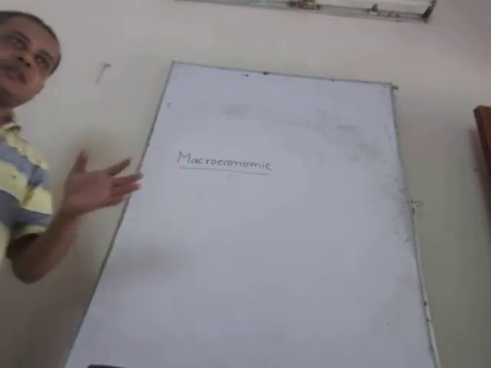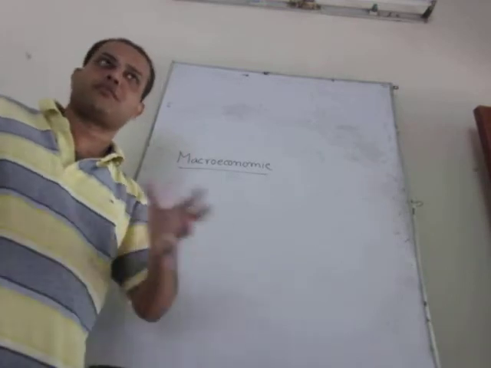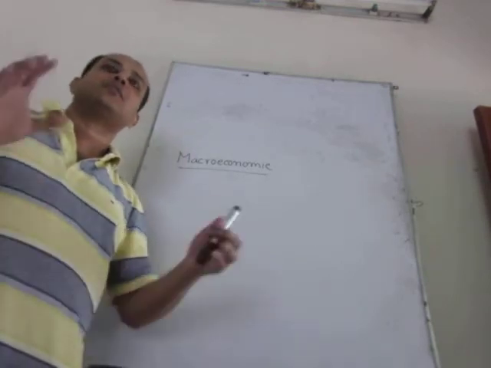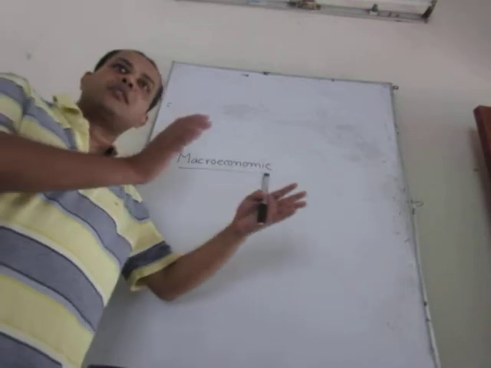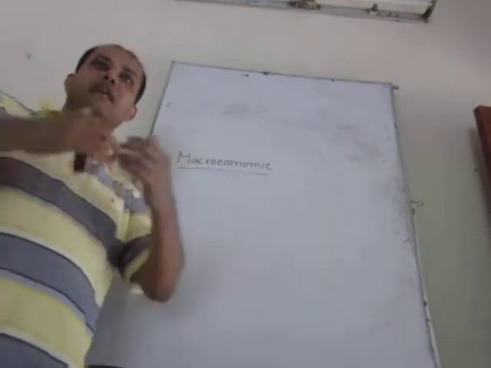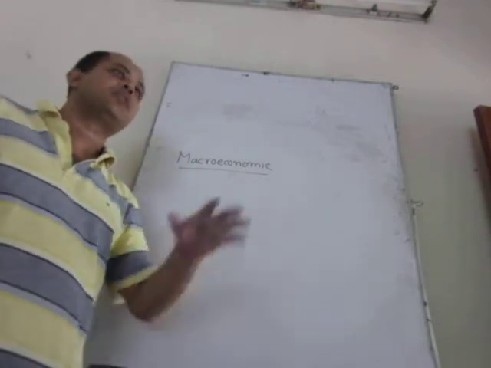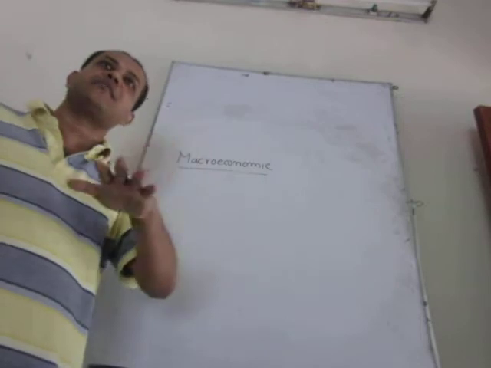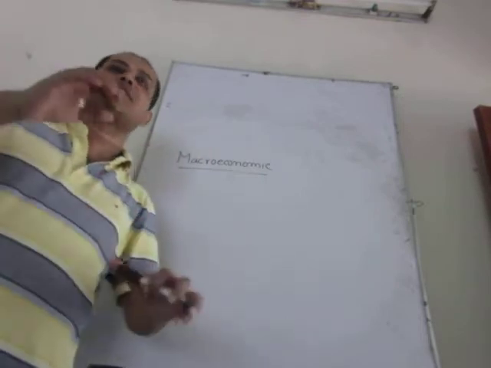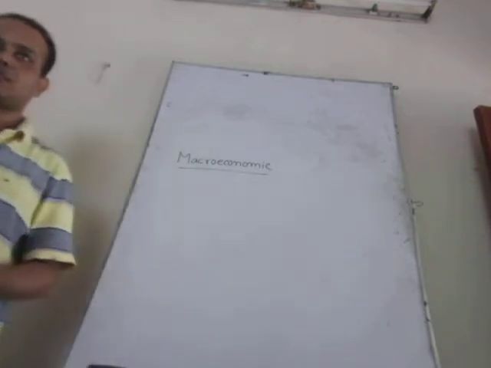Macroeconomics. These are that part of economical policies taken by the government of a country to deal with the demand and supply. You can say the aggregate demand and supply as a whole. That means, as for example, in a country, each and every year there is a specific amount of aggregate demand for different kinds of products, right?